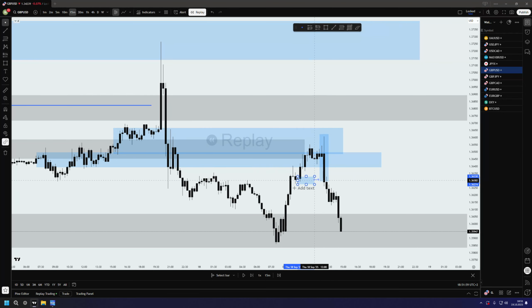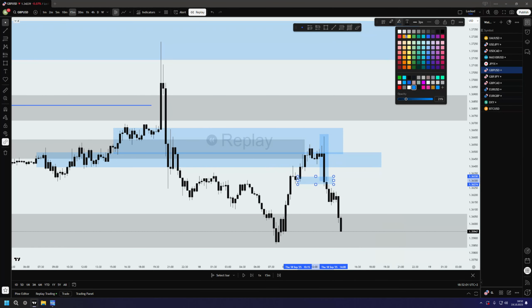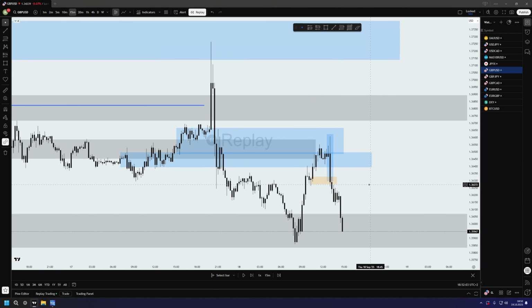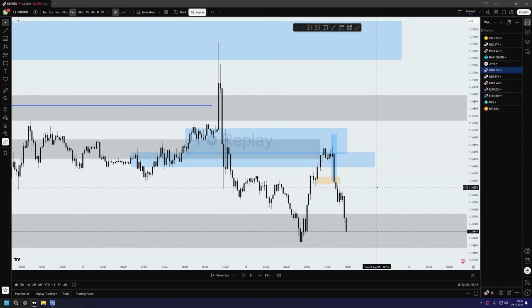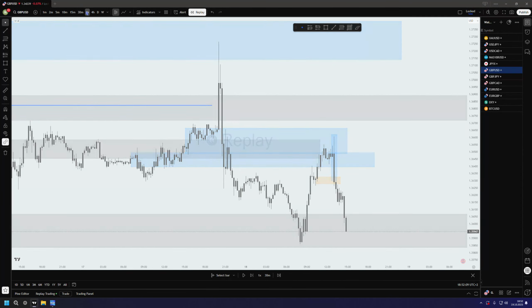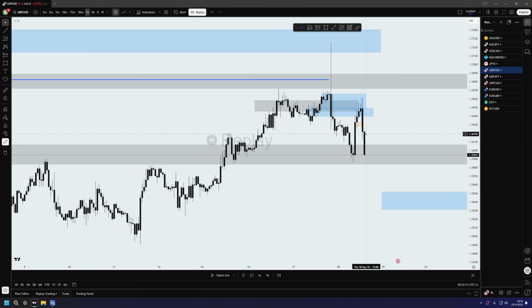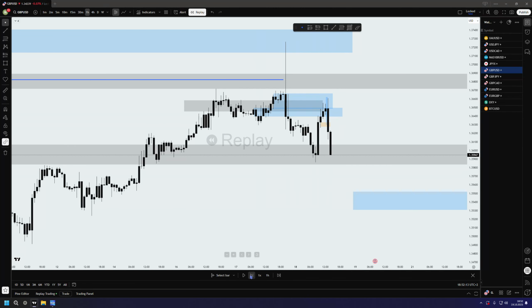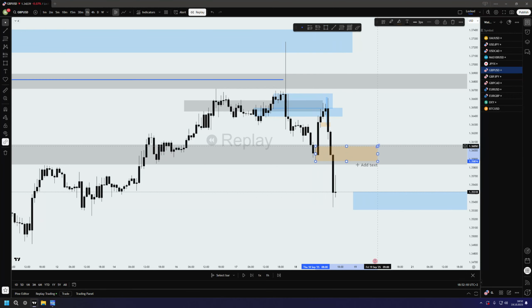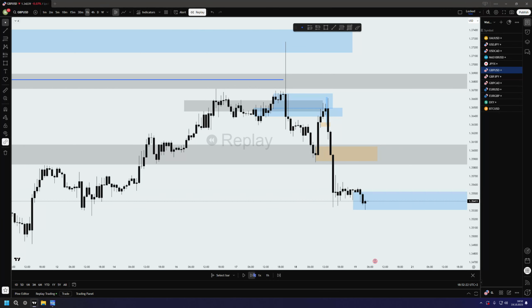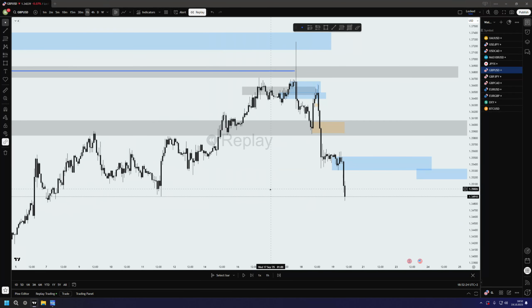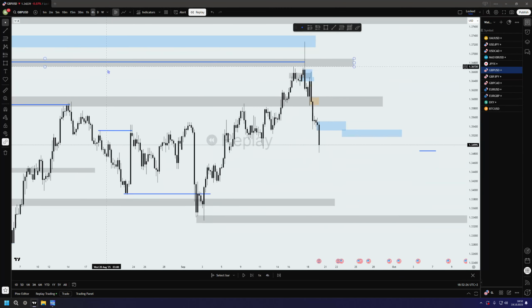We also have this failed zone right here, which is a failed EG, failed order block, breaker block, whatever you want to call it. It's all the same stuff. And then if we miss these trades, we also fail this EG, which looked pretty okay. Okay, we didn't come back to it.